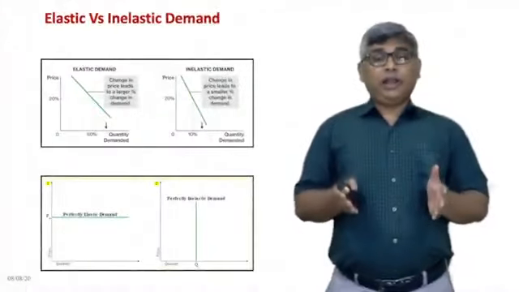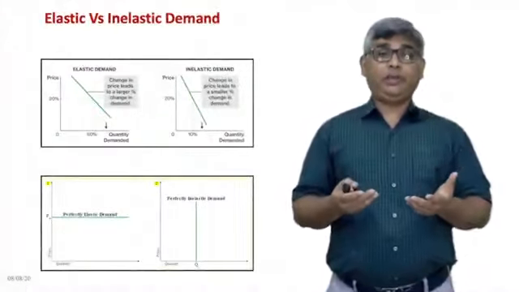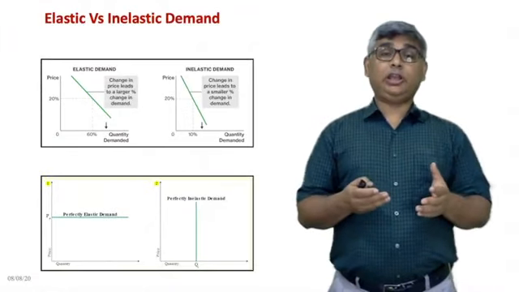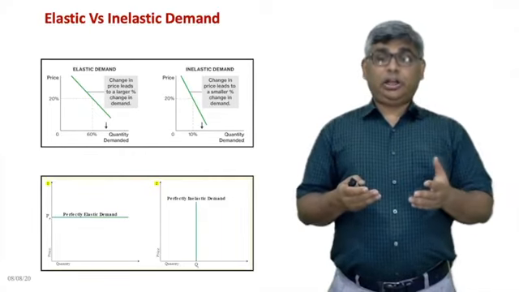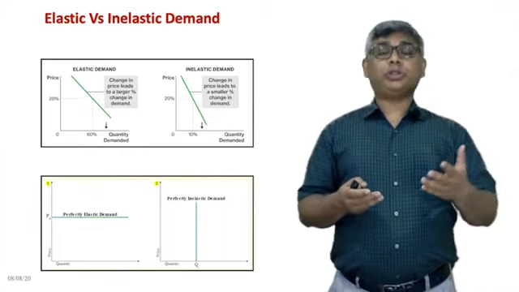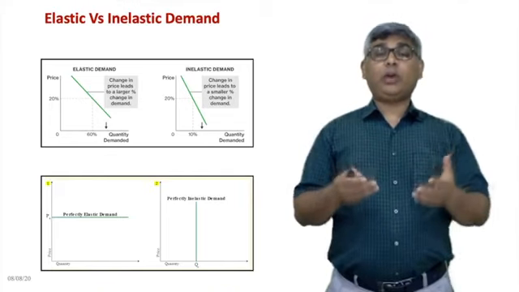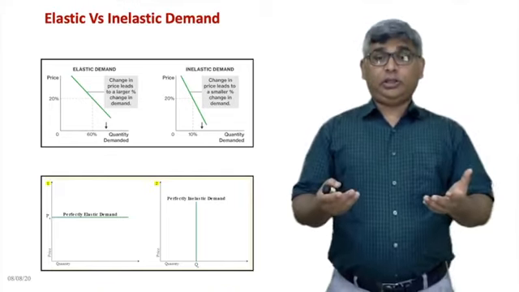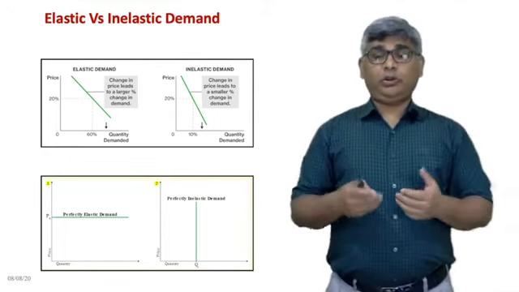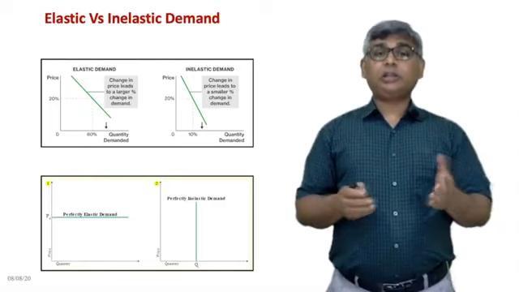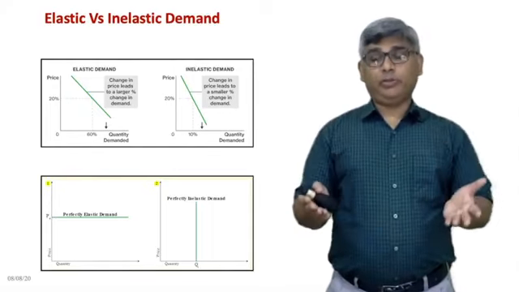Now, as far as demand is concerned, there are certain products where, even if there is an increase in the price, the demand is not reducing. For example, goods which are required to sustain life, like flour, rice, bread: even if the price is high, there is not much impact on the demand.